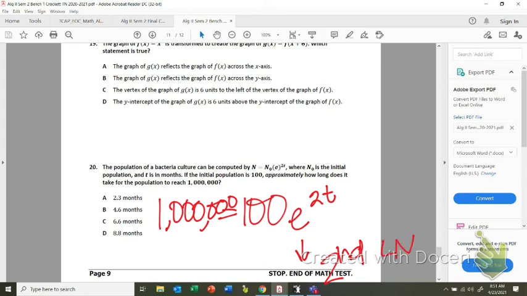LN. Yep. It's not going to be when it is a million, but when it is close.